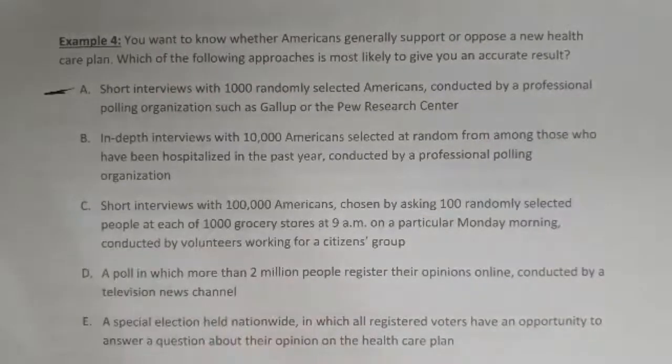Typically, they are the professionals in the field, so to speak. And so we won't see a lot of selection bias because they are randomly selected. From my understanding, I believe Gallup does it through telephone.